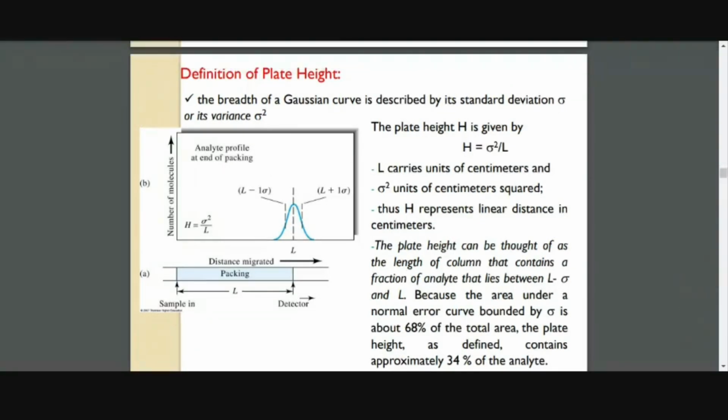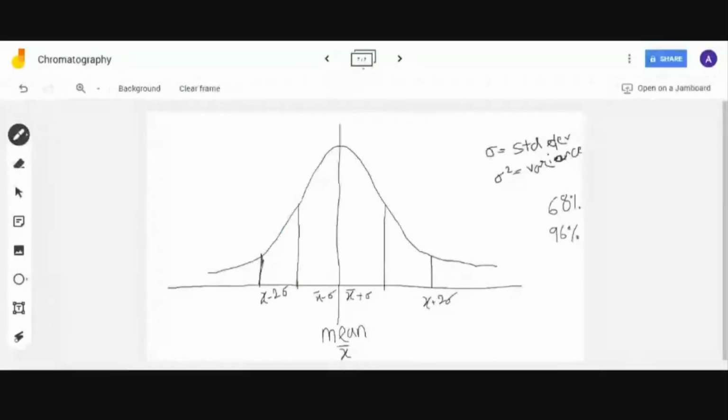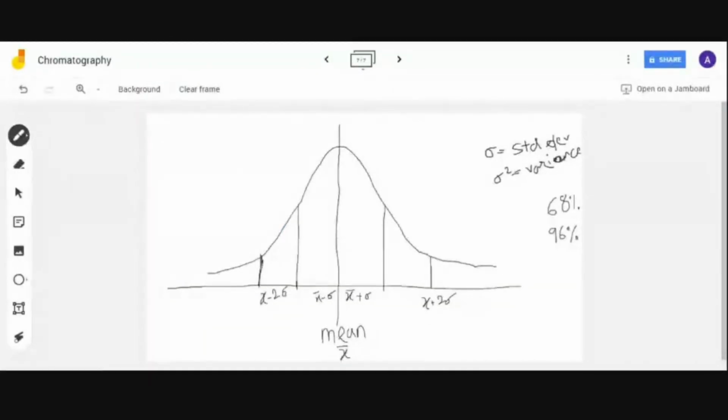You must be remembering that all the signals that we get in a chromatogram, after the eluate containing your sample comes into the detector and the detector detects the signal, are in the form of peaks. Those peaks are in the form of a Gaussian curve.